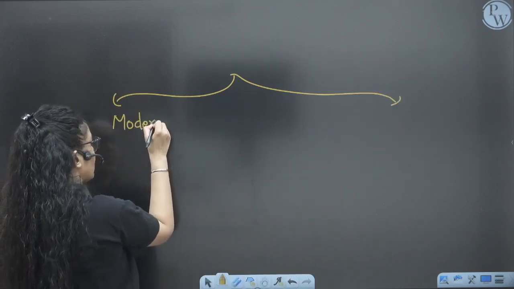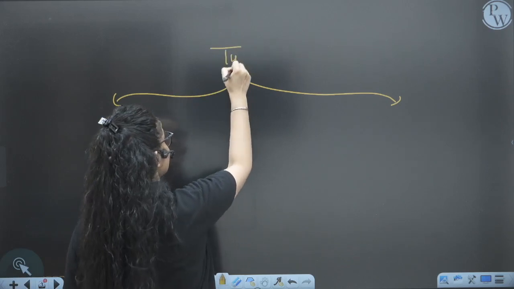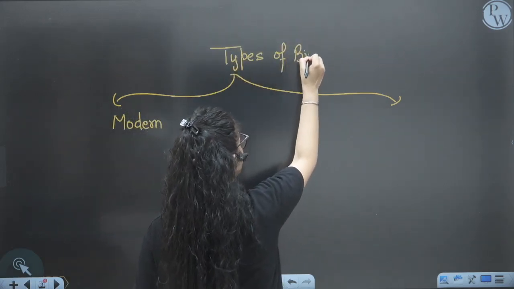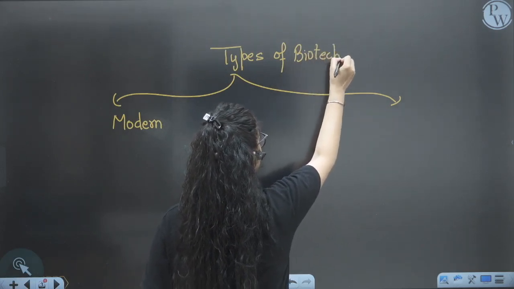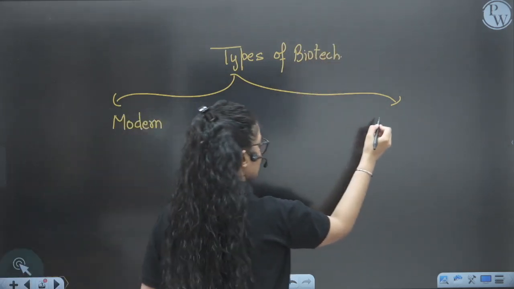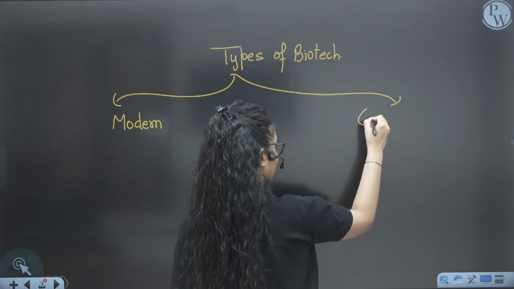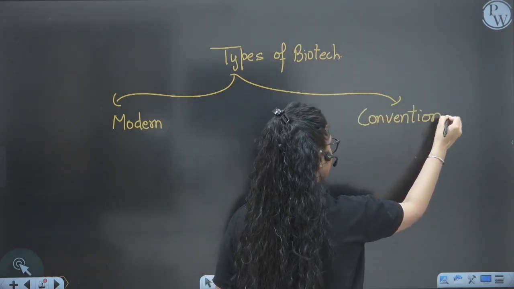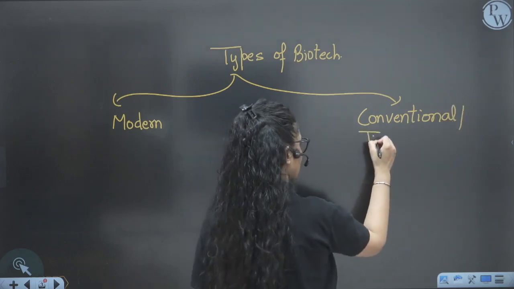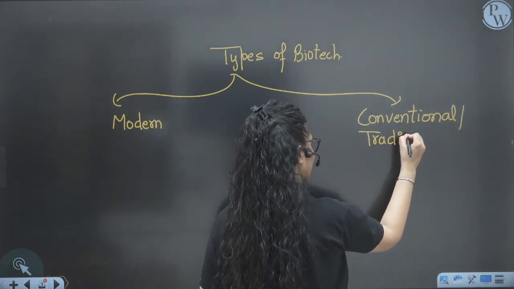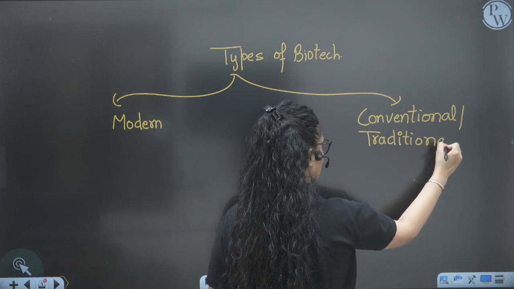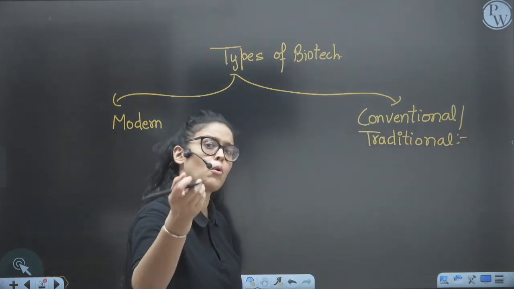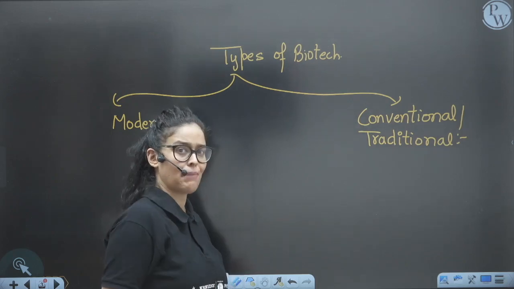We are just seeing the types of biotechnology. Modern biotechnology, and the other one is traditional or conventional biotechnology, as the name suggests. In conventional or traditional biotechnology, which you have seen in the microbes chapter, we are using the natural capacity of microorganisms to obtain the product and sell it in the market, right?